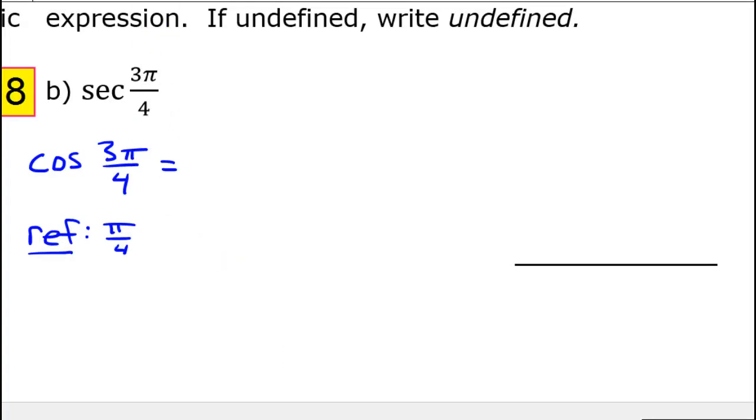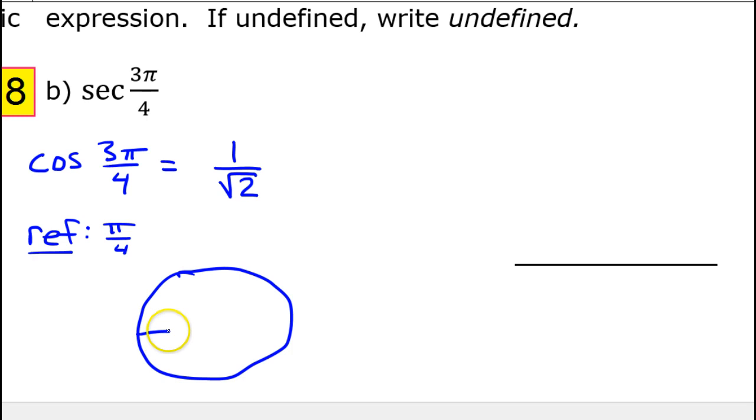That means the cosine of 3 pi over 4 will also be 1 over radical 2, except maybe it needs a negative sign in front of it. Now, to figure out whether or not we need the negative sign, it helps to look at a diagram of pi over 4s.